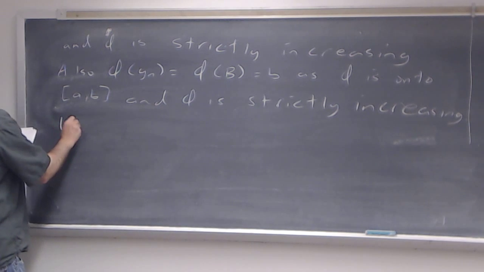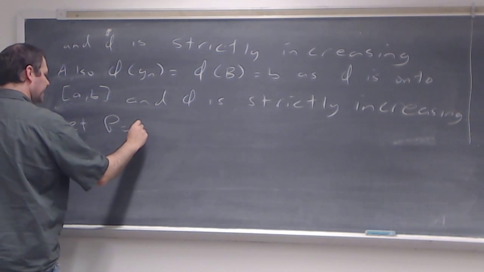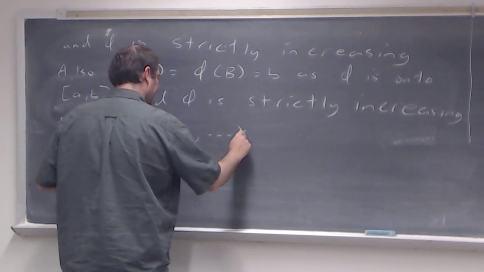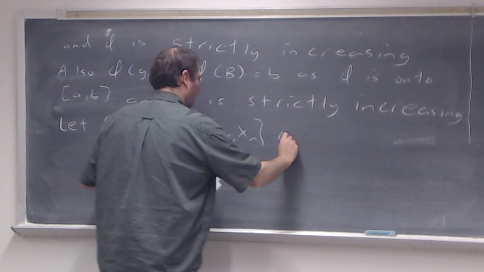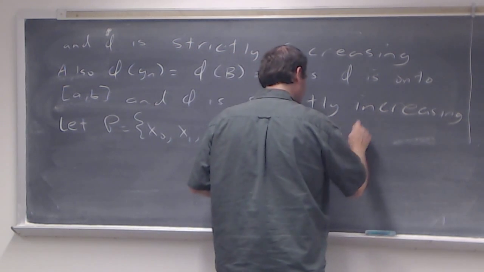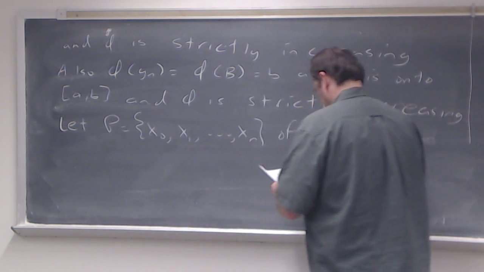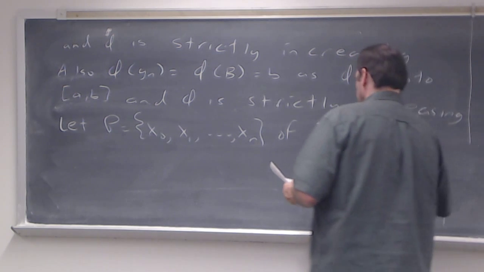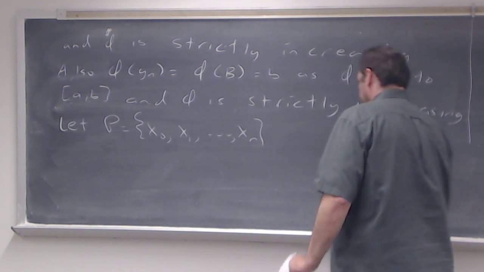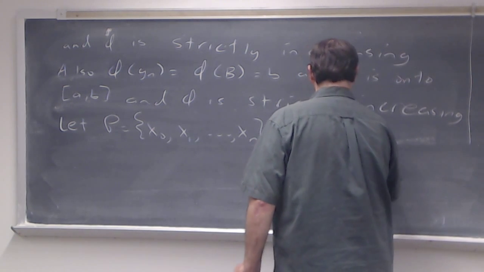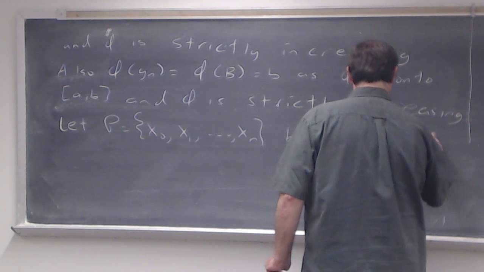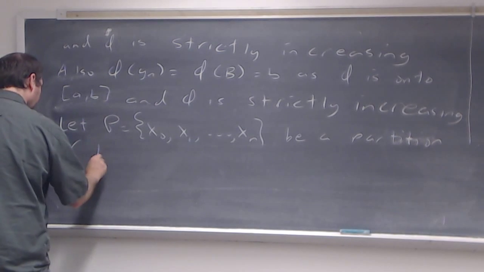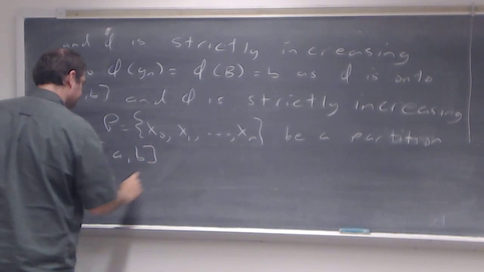Now, if we take some partition P equal to x naught, x1, all the way up to xn of little a to b, that interval, I'm sorry, I should have written, be a partition of little a to little b.